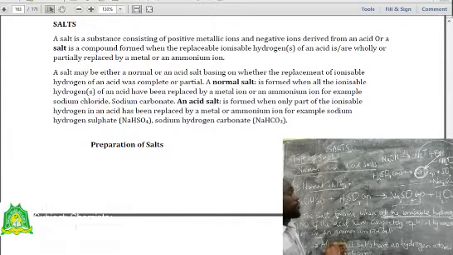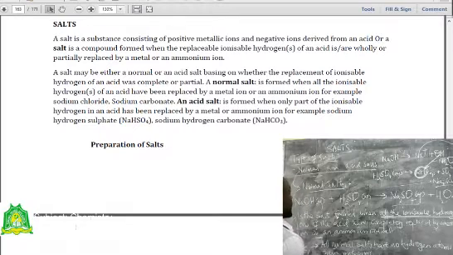Their acids only produce one hydrogen ion per molecule of the acid, meaning that acid has only one replaceable hydrogen ion that can be replaced by the metallic ion. Therefore, all salts derived from nitric acid and hydrochloric acid are normal.